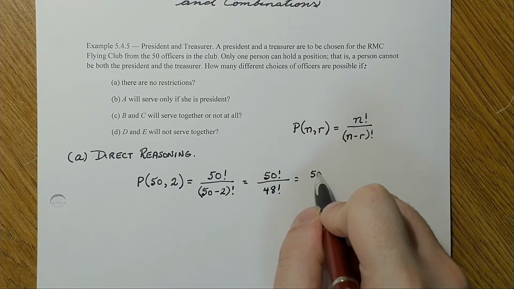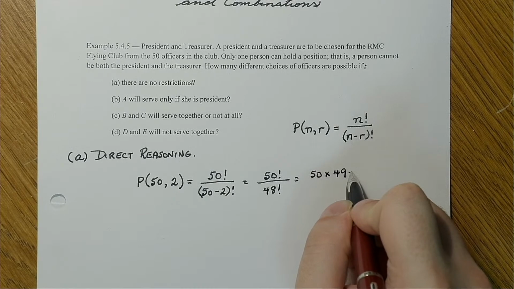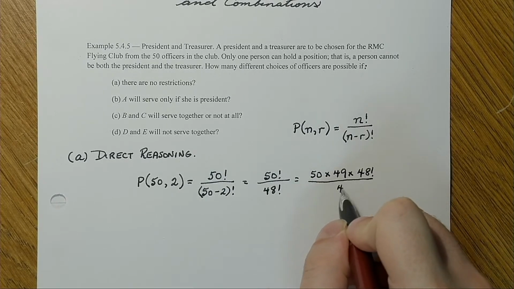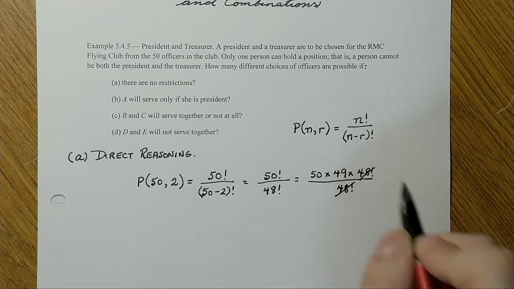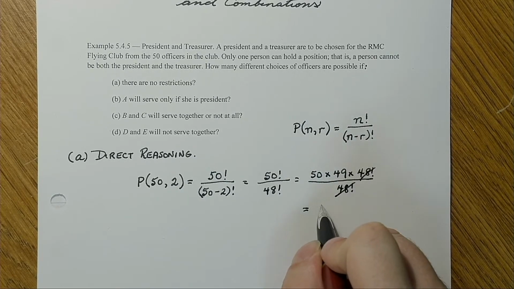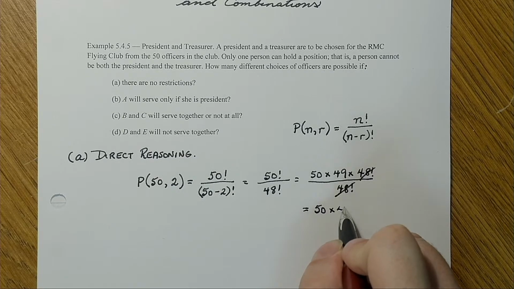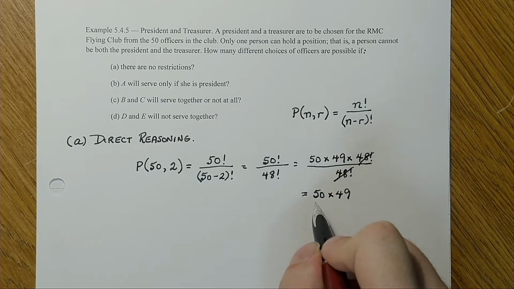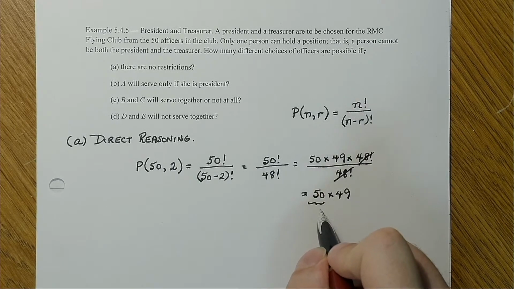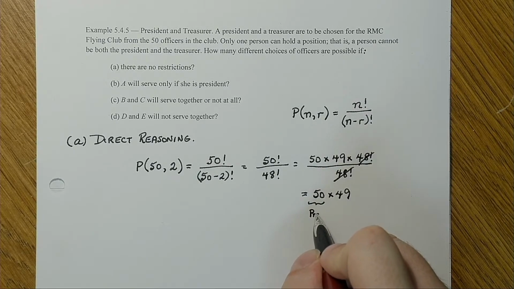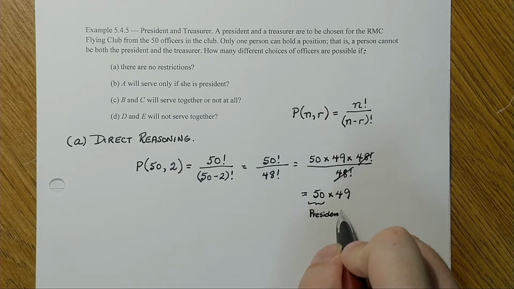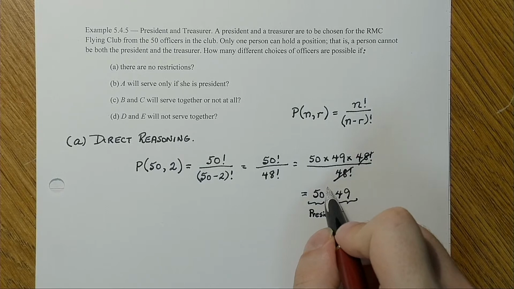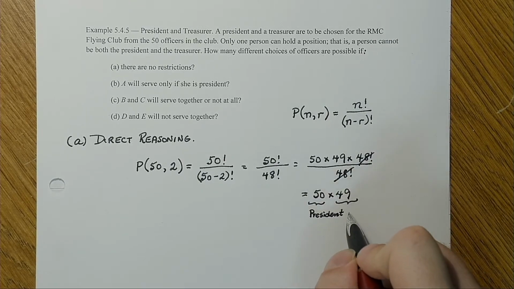Or I can expand that out just a touch so that I have the 48 factorial there, and I can cancel that out. Which is nice because this is what we expect: this would be the number of choices for the president, so that would be your first selection. And then the times is the "and", then you pick the treasurer.